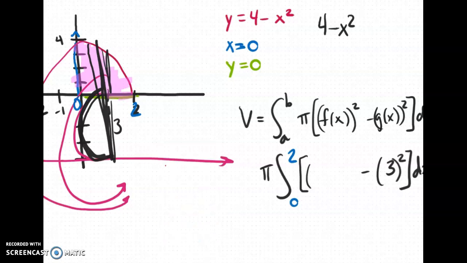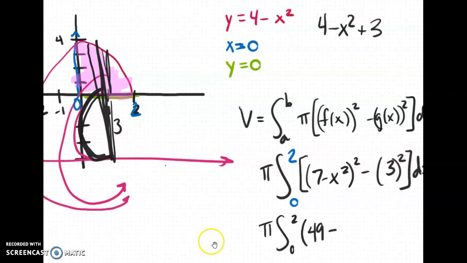So we're going to say that this would be 7 minus x squared, squared. And so when we FOIL that out, we're going to end up with 49 minus 14x squared plus x to the 4th, minus 9. Sorry, there's a minus sign here.